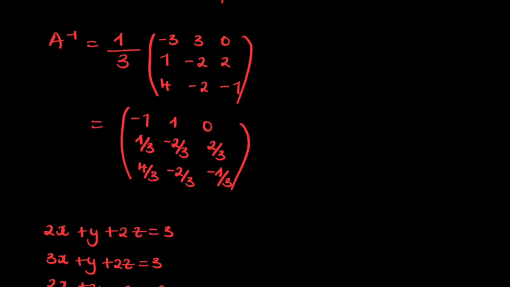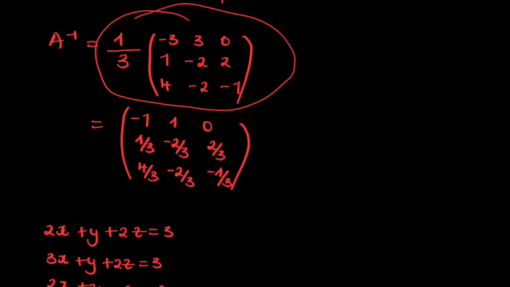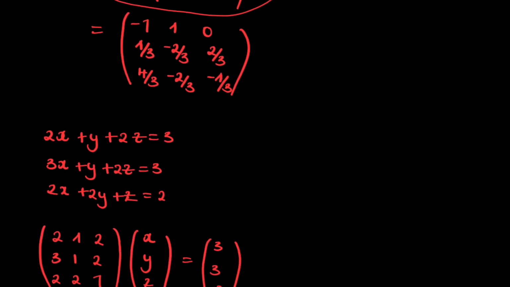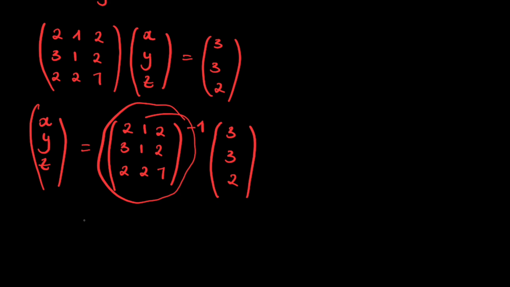So now we just substitute it and solve. So this was the inverse of that. So the inverse now of this is 1/3 into minus 3, 3, 0, 1, minus 2, 2, 4, minus 2, minus 1.